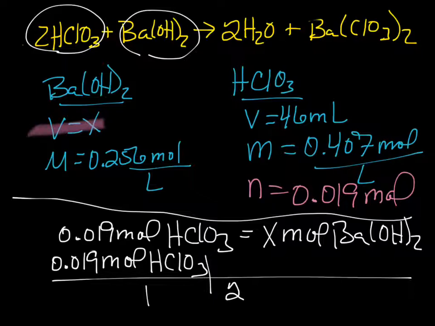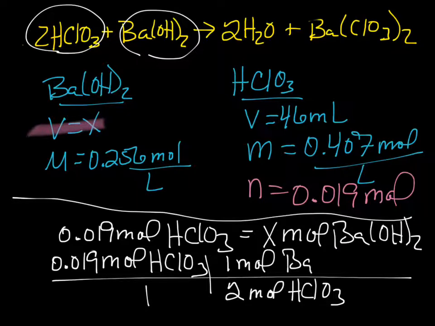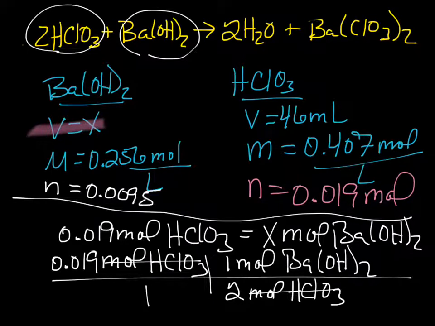So now we have 2 mole HClO3 and 1 mole Ba(OH)2. Those cross out. And so when we do the math, we come up with 0.0095 mole.